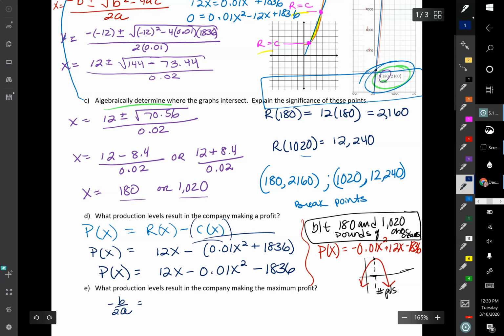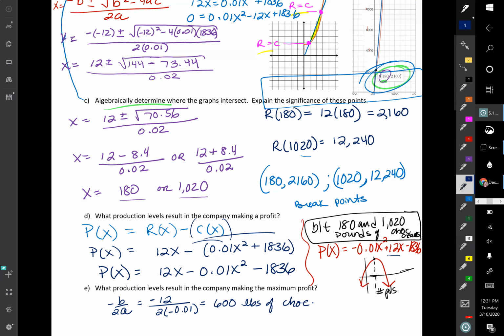Our b is over here, remember, 12. So it would be minus 12 divided by 2 times negative 0.01. That'll just be 12 divided by 0.02. They're both positive, so I get 600 pounds of chocolate. And that'll give our maximum profit.